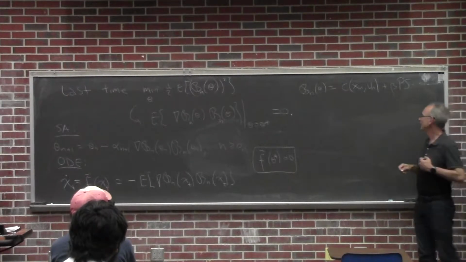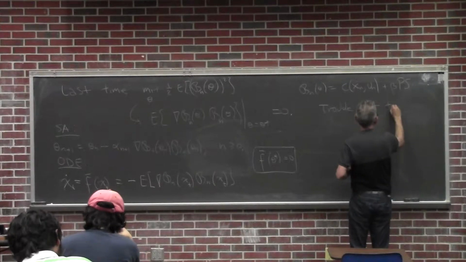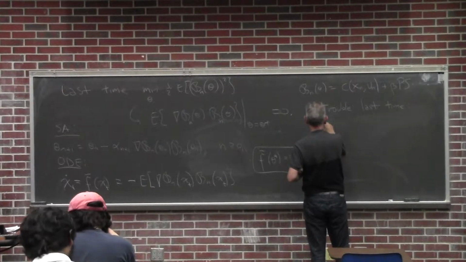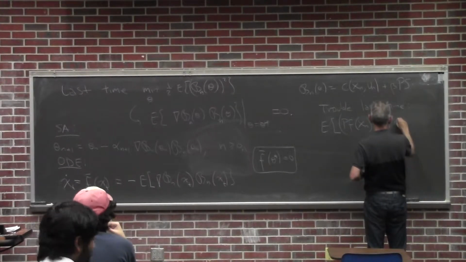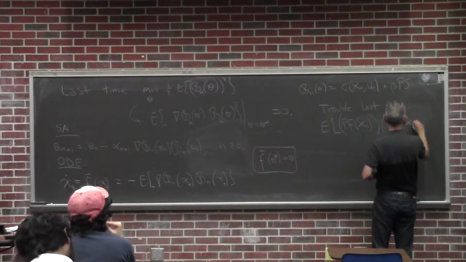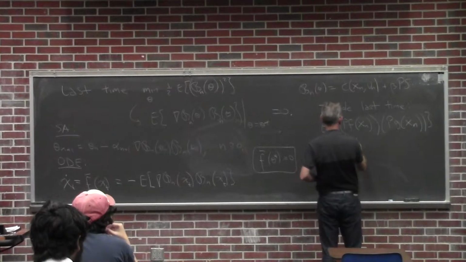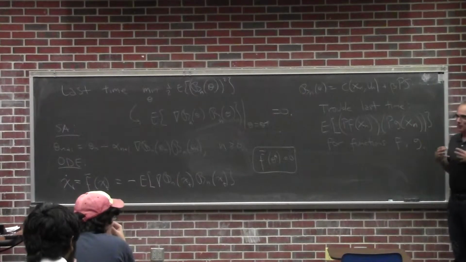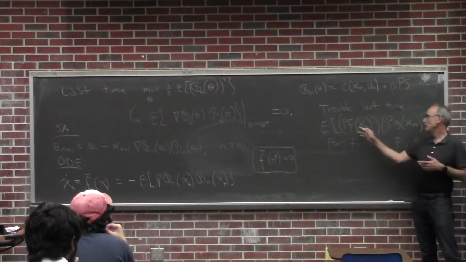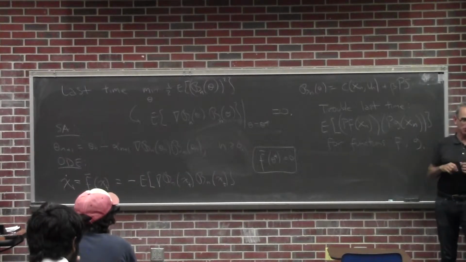The trouble last time was more complicated than that, because it wasn't just a function of xn, it was xn and un. What was f, what was g? Go back and look at the notes from last time.